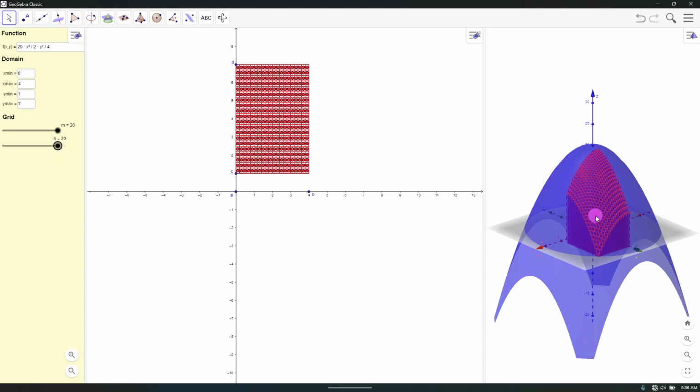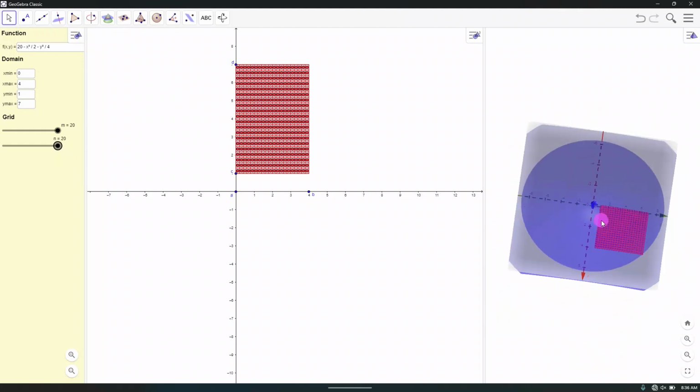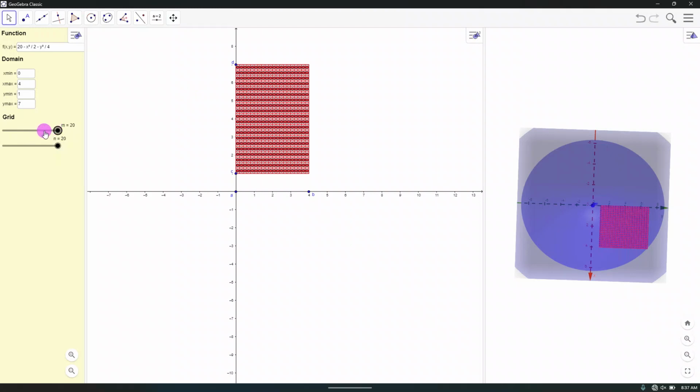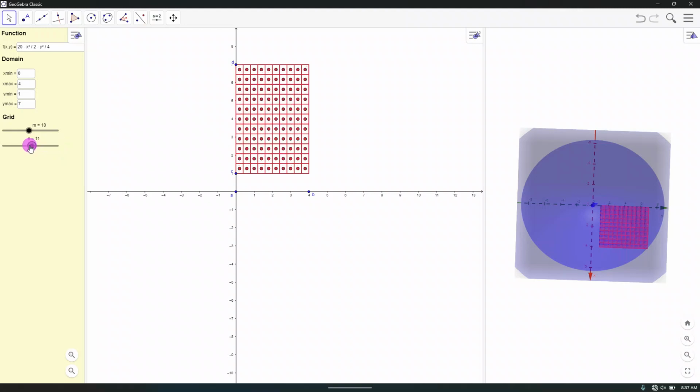Let me give you the 3D perspective. In essence, we're finding the area of this square region under this surface. If I decrease the number of squares right here, it's not giving us a really good area, so we're not getting a very refined area.